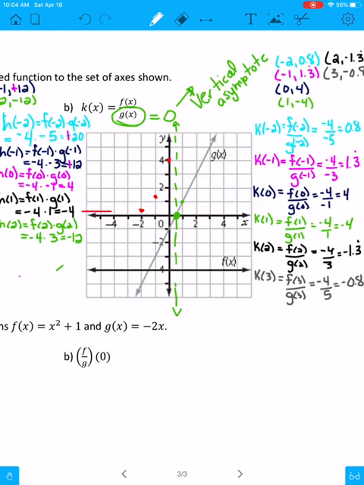It looks like it has a horizontal asymptote possibly at 0. Let's see. Then I have 1 and negative 4, 2 and negative 1.3, 3 and negative 0.8. Yeah, I would guess that I have a horizontal asymptote here. There's my graph.